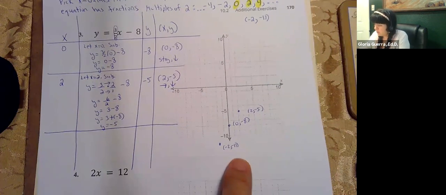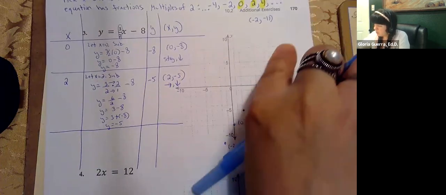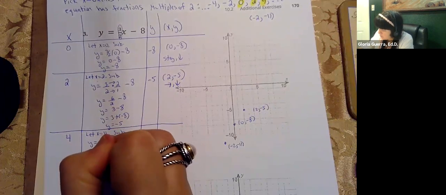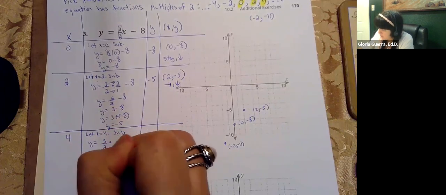So I went ahead and picked something up here. See, your line goes up this way. So I know I have to pick, for example, 4. Let x equal 4 and substitute that. y is equal to 3/2 times x, so times 4 over 1 minus 8. So multiply across. 4 times 3 is 12 over 2 times 1 minus 8.